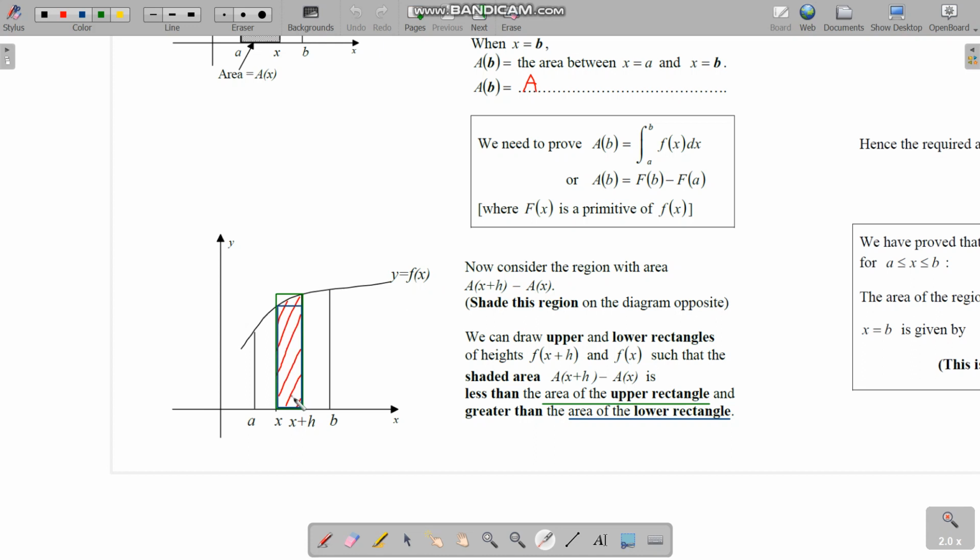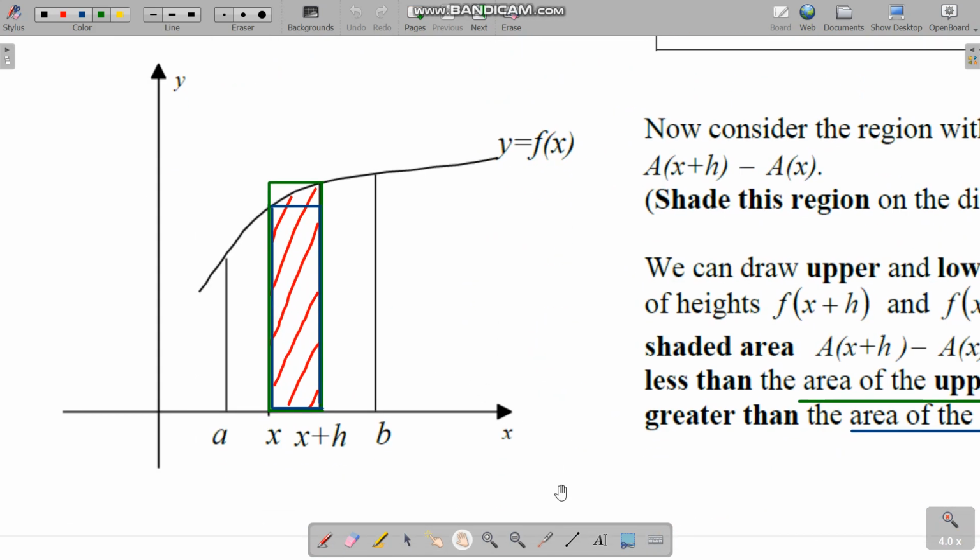If we draw upper and lower rectangles of heights f of x plus h and f of x, such that the shaded area is less than the area of the upper and greater than the lower. So here we want to find this area shaded in red, but now we use these rectangles. f of x means the value of y when x is x.